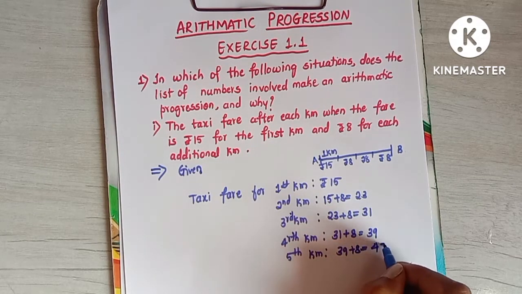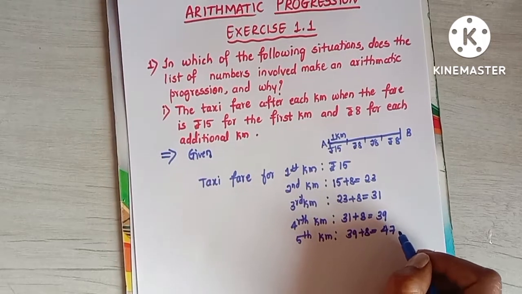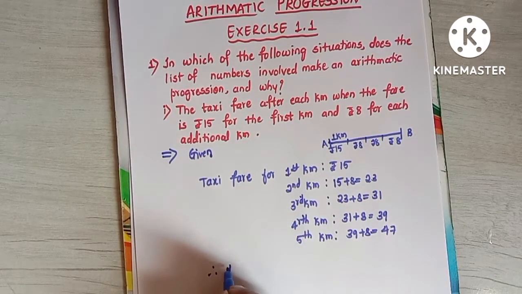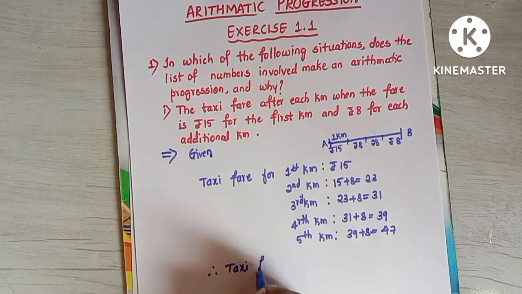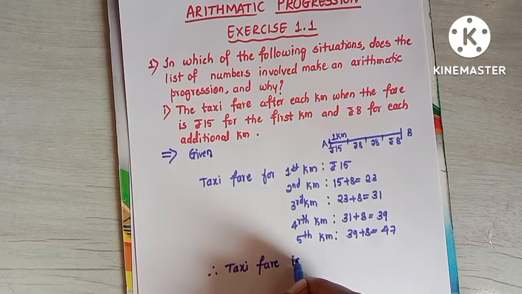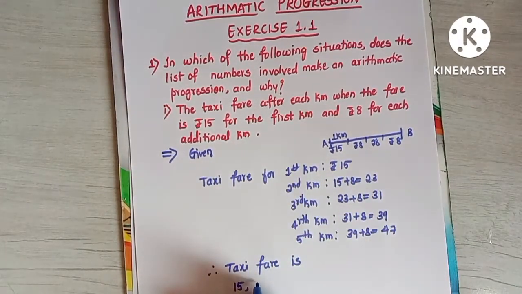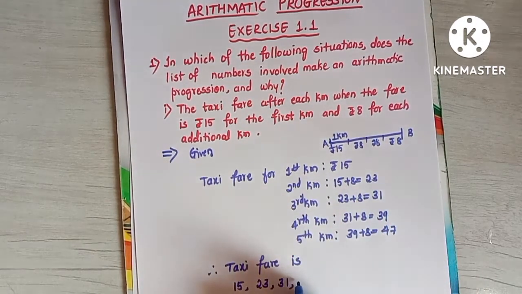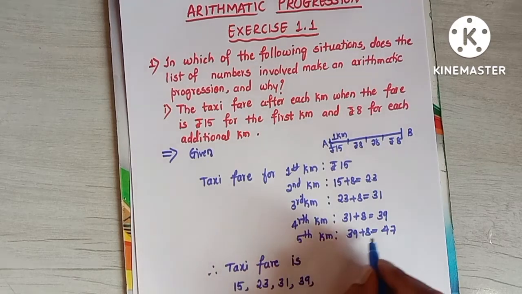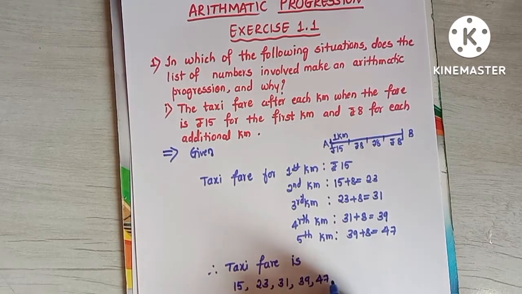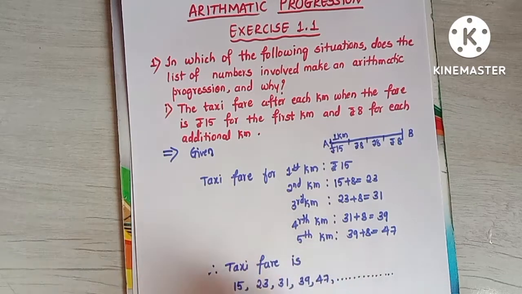This will be 47. Therefore, the taxi fare is rupees 15 for the first kilometer, and for the second kilometer it is 23. For the third kilometer it is 31 rupees, for the fourth kilometer it is 39 rupees, and for the fifth kilometer it is 47, and this continues.